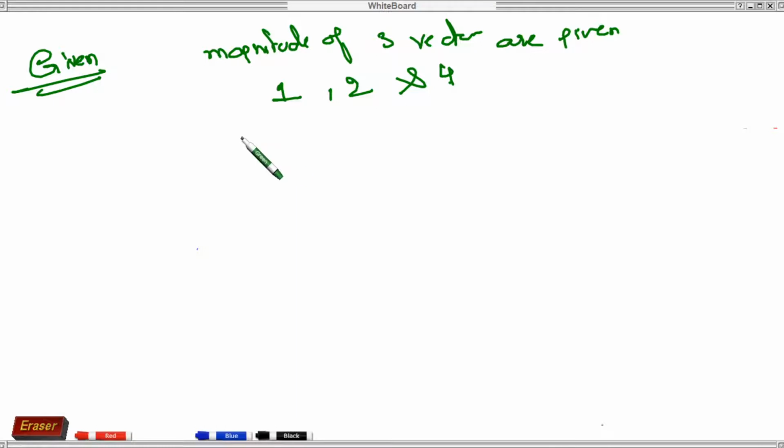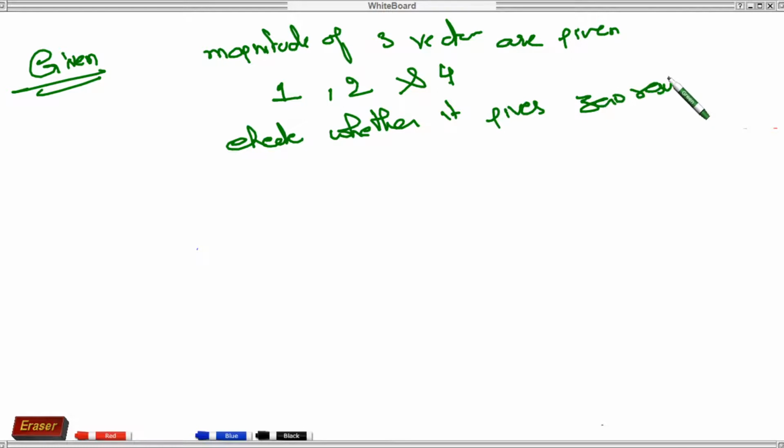So we have to check whether it gives zero resultant or not. So how are we going to check it?